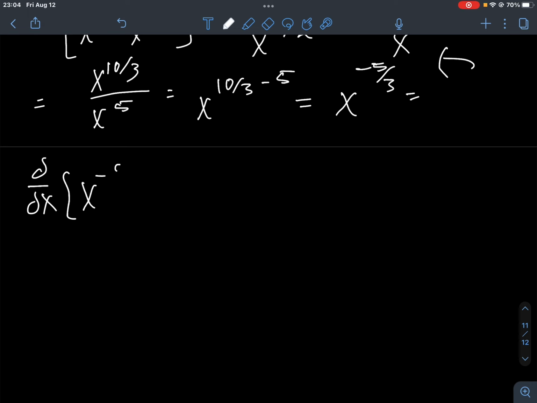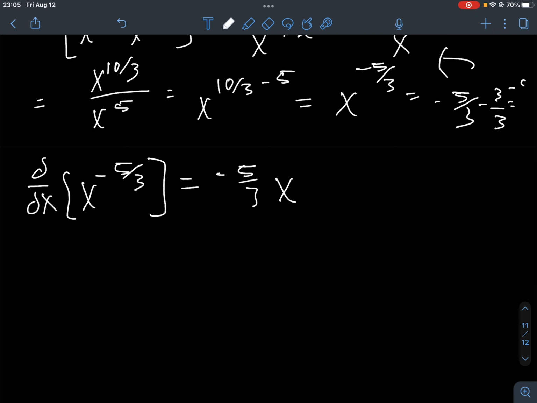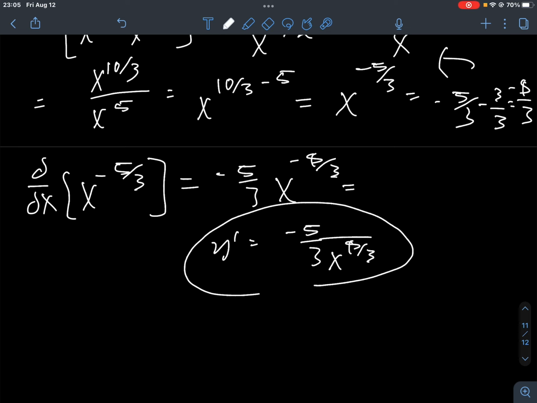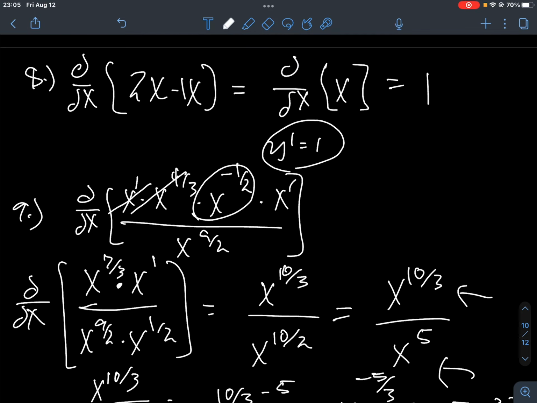So x to the minus 5 thirds is equal to what? Well, it's going to be minus 5 thirds, x to the negative 5 thirds minus 1. So we're going to get negative 8 thirds. So y prime is equal to negative 5 thirds over x to the positive 8 thirds. Alright, that was number 9.